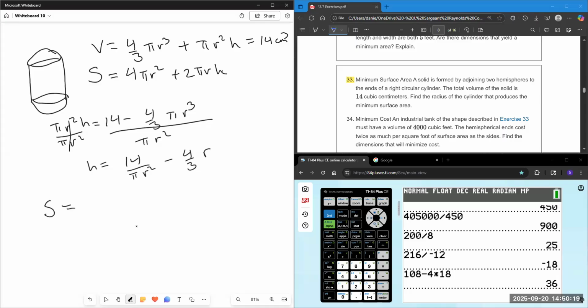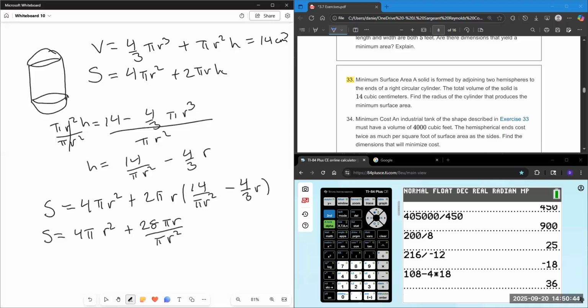of h in the formula here: 4 pi r squared plus 2 pi r times 14 over pi r squared minus 4/3 r. S is 4 pi r squared plus, this is 28 pi r over pi r squared minus 8 pi r squared over 3.